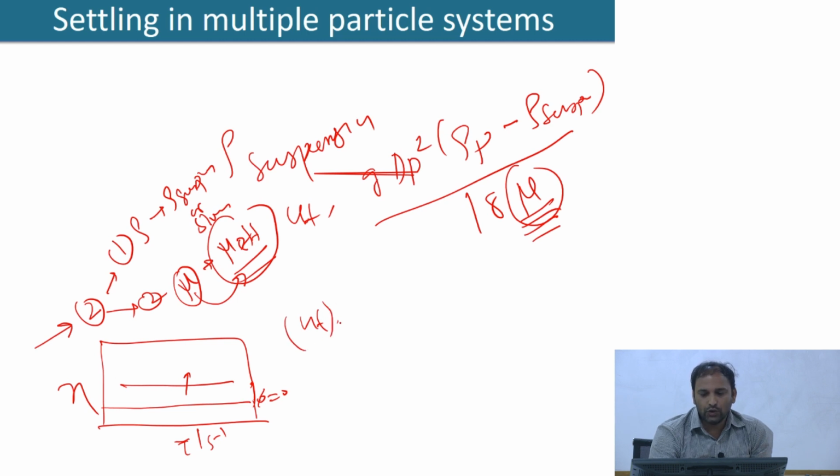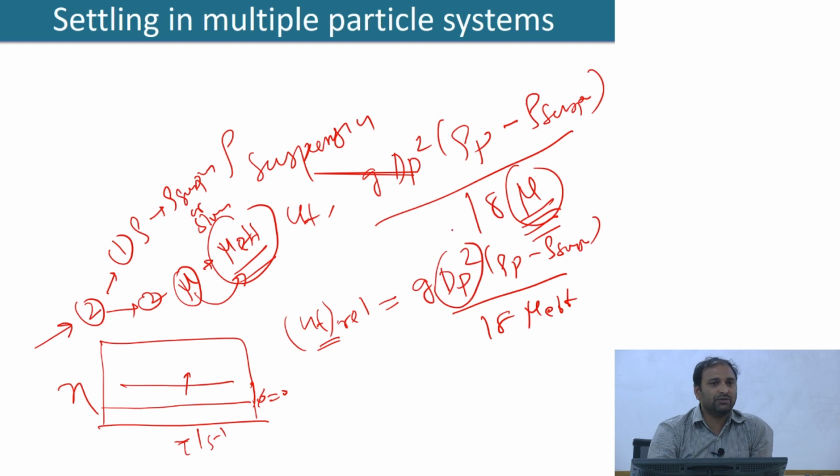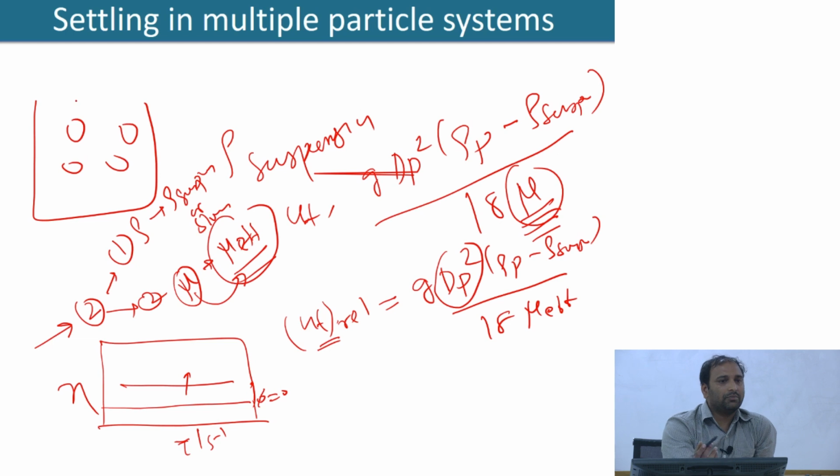So therefore, your ut, now we are going to call it ut relative. I'll come back in a minute as to why we call it ut relative. It is g dp square into rho p minus rho of suspension, over 18 mu effective. I don't have to worry about particle sizes, because I'm assuming that when you have a multiple particle system, your dp is exactly the same.